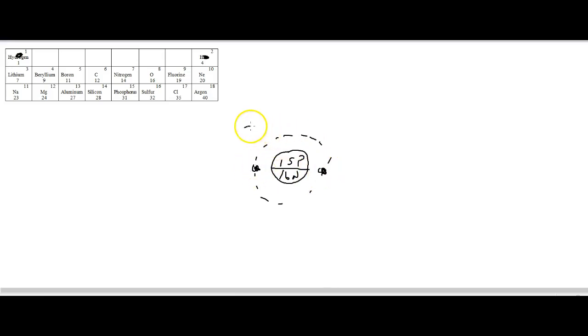Next shell. How am I going to put? 1, 2, 3, 4, 5, 6, 7, 8.